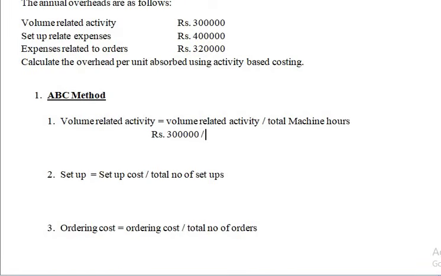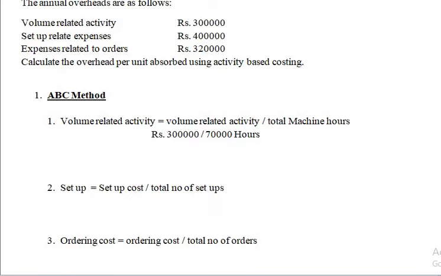So per hour will be rupees 3 lakh divided by 70,000 machine hours, which is rupees 4.28 per hour. So this is for volume related activity.